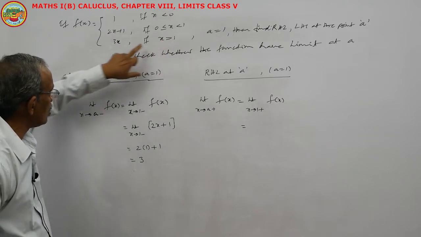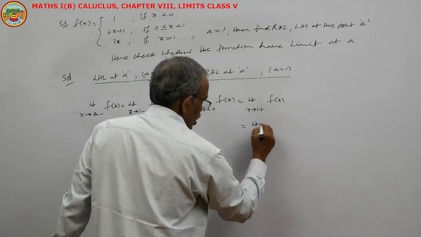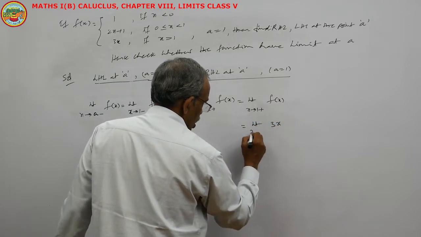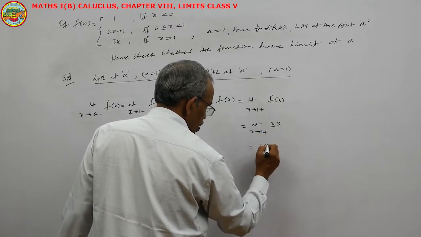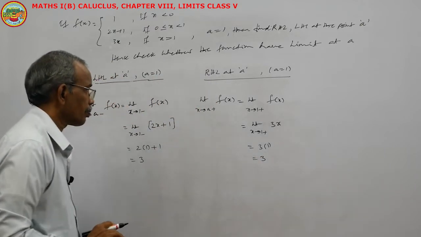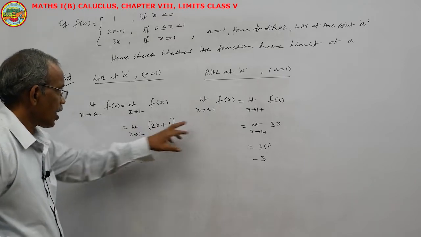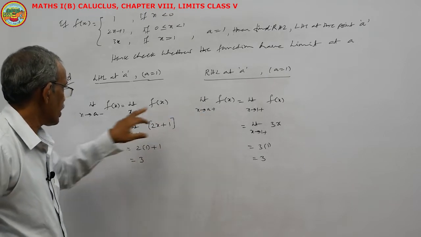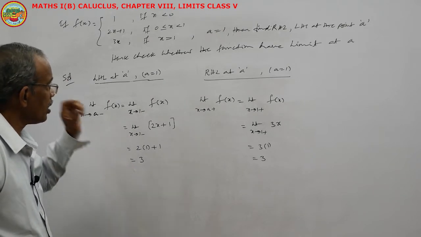If x is greater than 1, the function is defined as 3x. That implies the limit of 3x as x tends to 1 plus is equal to 3 into 1, which is equal to 3. Therefore the right hand limit at A and the left hand limit at A both exist and are equal to 3.